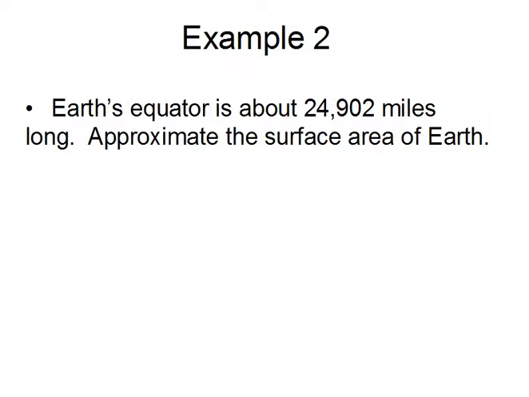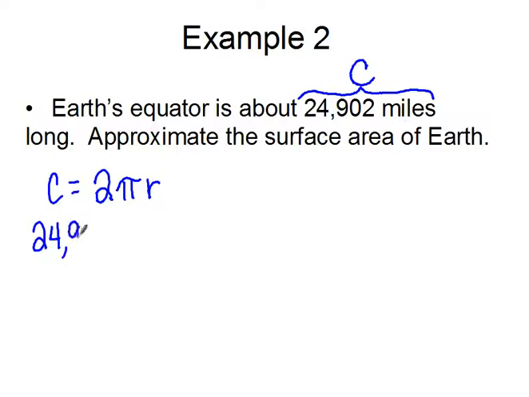Alright, let's do this for Earth. It says the equator is about 24,902 miles long. This is circumference. Remember, I already talked about how the great circle of the Earth is the equator, and that's the circumference. So circumference is 2 pi r, right? So 24,902 equals 2 pi r.